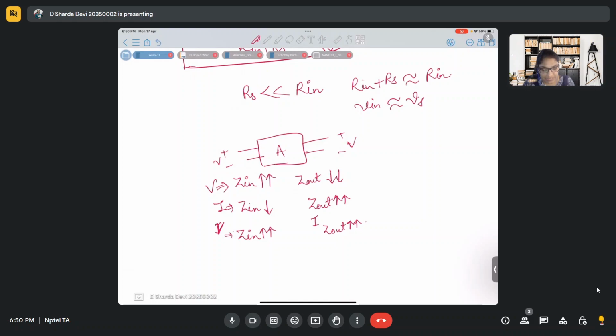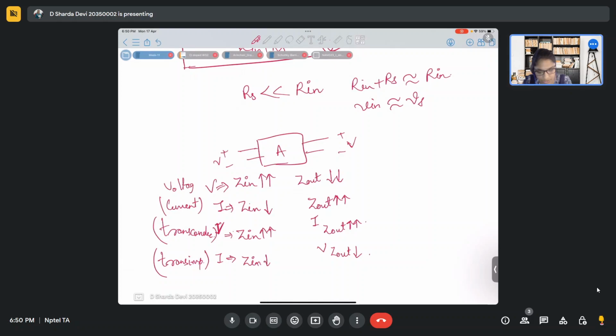And if it is transresistance, that is I in input and V in output, so here we will have Z in low, but Z out should also be low. So this is transimpedance and this is transconductance, current and voltage.